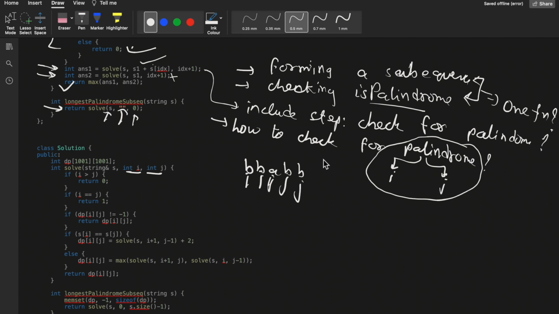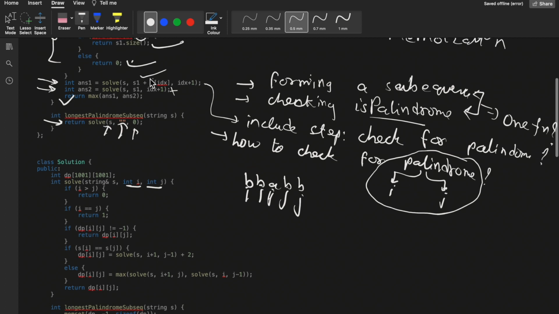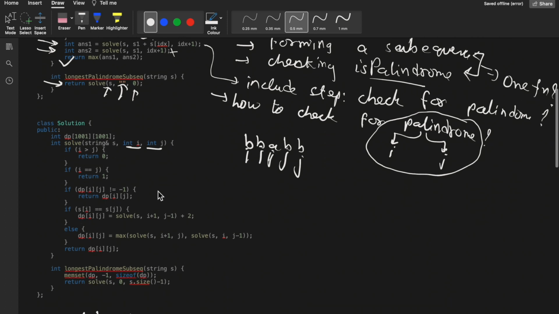So for that only we are including i and j, and we have removed this subsequence s1. We won't store the s1 string. Instead, we would only keep track of whether taking the ith character and jth character would result in a palindrome subsequence. If they both are the same, then yeah, that would result in a palindrome subsequence. So we will include them.